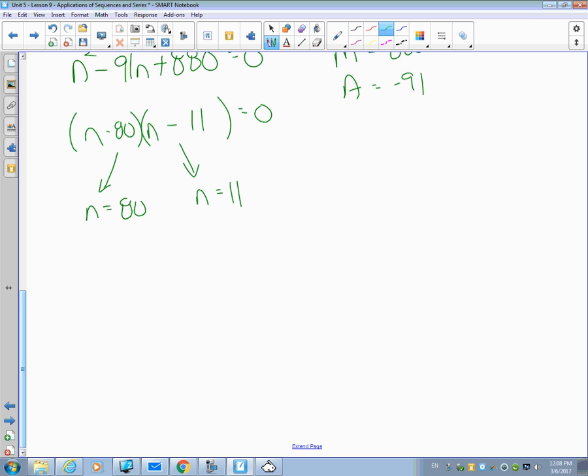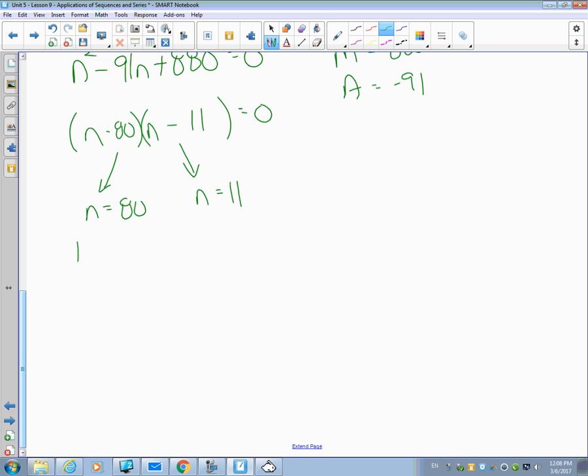Now, one of these answers is inadmissible. Okay? And the one that's inadmissible is the 80. Because there's no way I can make 80 rows if I'm going down 2 at a time, starting at 90. That's not mathematically possible. Right? I go down 2 at a time, means I'd be in the hole some logs by the time I get to the top of that pattern.